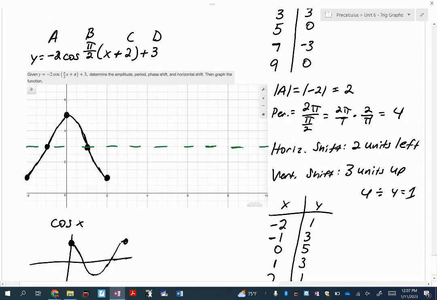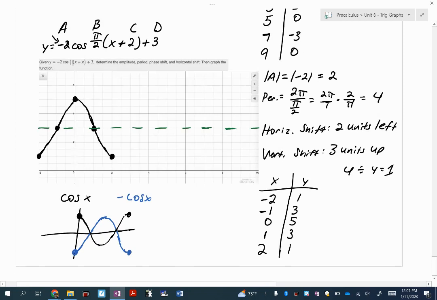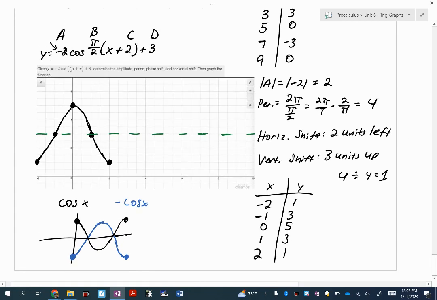This negative at the very beginning, because A has a negative, means it's going to start, instead of starting at 0, 1, I'll show you a quick sketch here, the negative cosine of x means you're going to start at 0, negative 1. So it ends up looking like this for the negative cosine. So just keep that in mind, and we'll practice that a ton, that if you have that negative, it is going to change something because of that reflection.